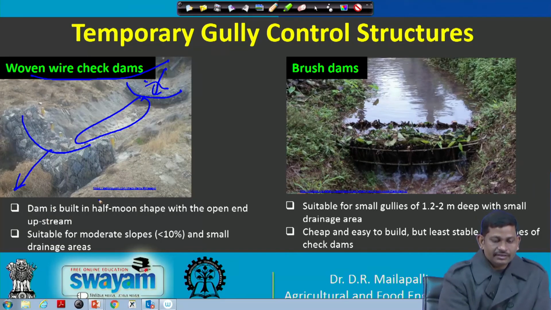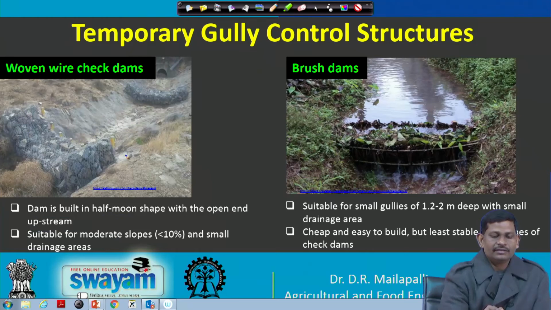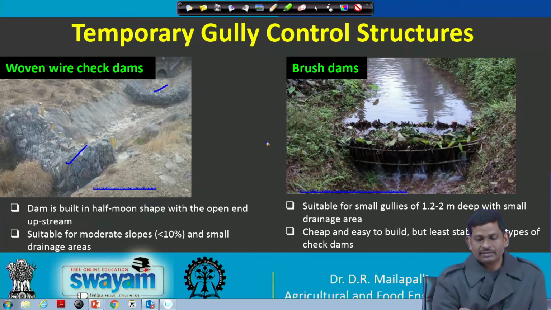All right. So, the dam is built in half moon shape with the open end upstream. It is suitable for moderate slopes, less than 10%, and small drainage areas. This is mostly used in stony areas, the rocky areas, because the rocks should be available to construct this.